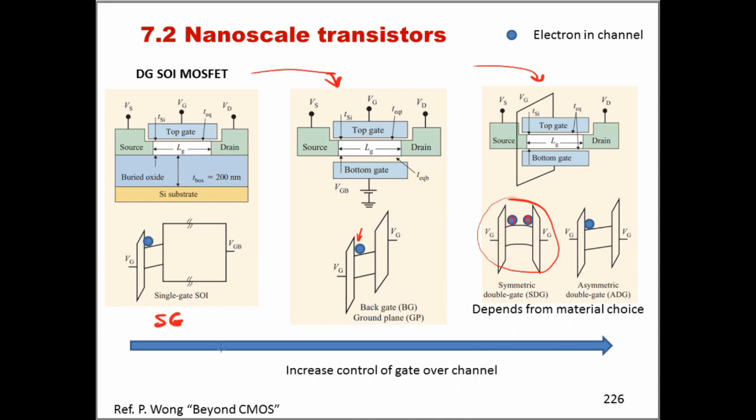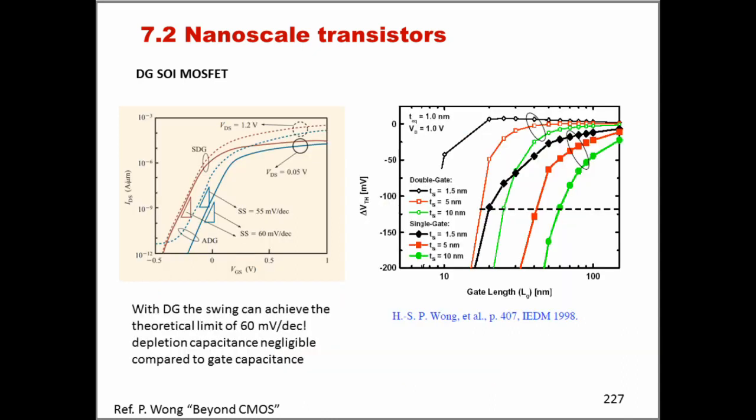But anyway, the whole point here is that we use the SOI technology to increase the control of the gate over the channel, and then from the single gate we go to double gate to increase further the control over the channel. And here we can see in action the effect of going from single gate to double gate in these experimental results.